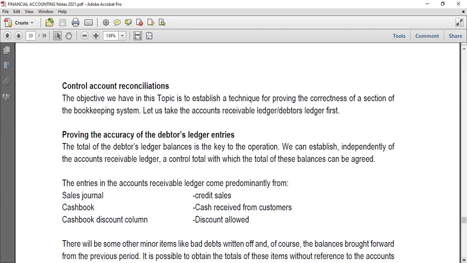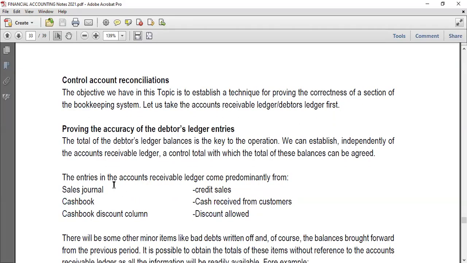So that is very key. Just to also understand that the entries in the accounts receivable ledger are predominantly from the sales journal, which records the credit sales. This sales journal can also be called the sales order book or sales day book, okay? Then the cash book records cash received from customers, and the cash book discount column records discount allowed.